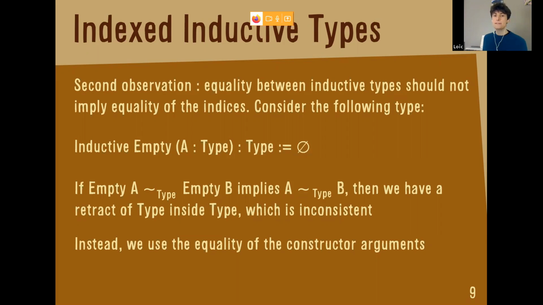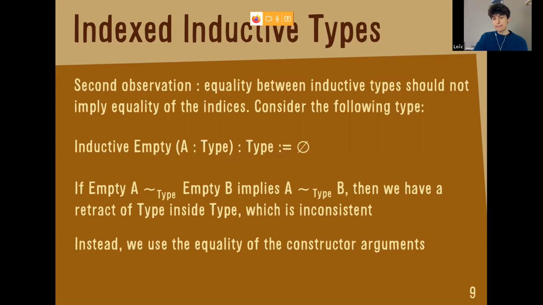If we decided to say that equality between empty A and empty B implies the equality between A and B, which would correspond to injectivity of the type constructor, then we would get basically a retract of the universe of types inside the universe of types, which is inconsistent in an impredicative type theory.